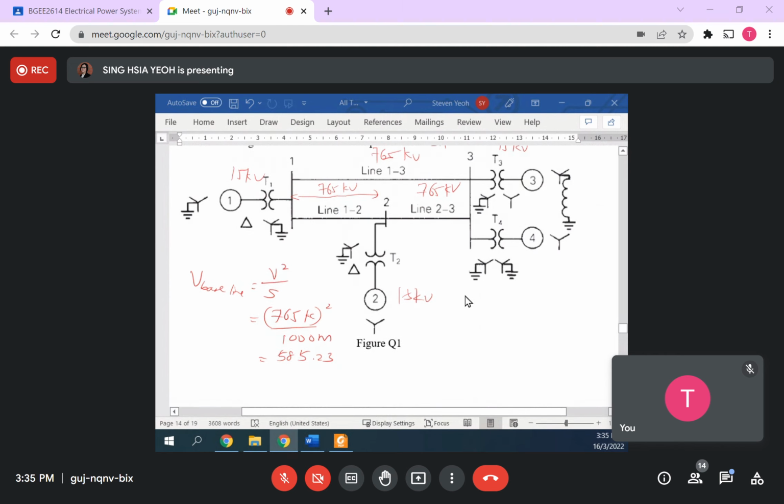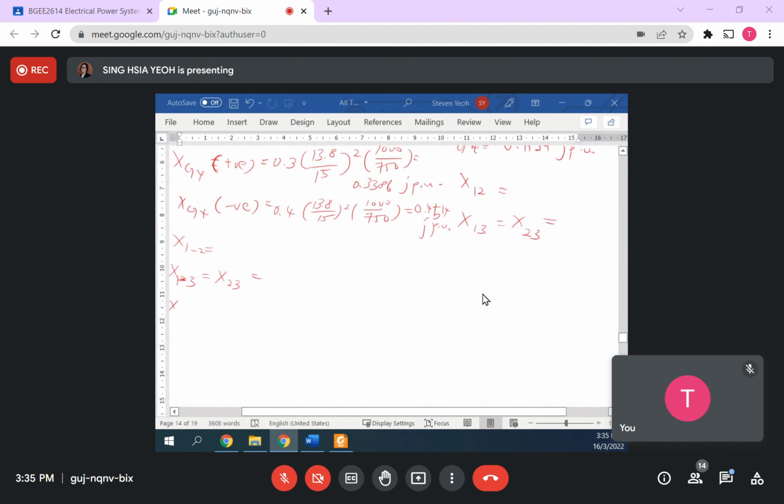What's your X12 for positive negative sequence? And X1323?